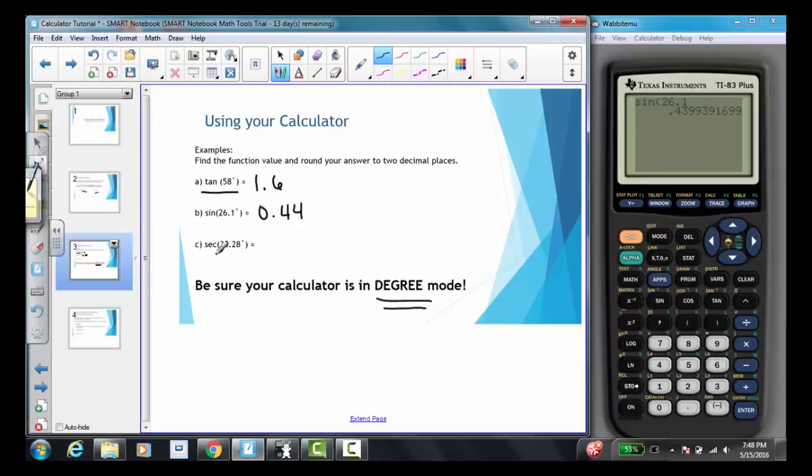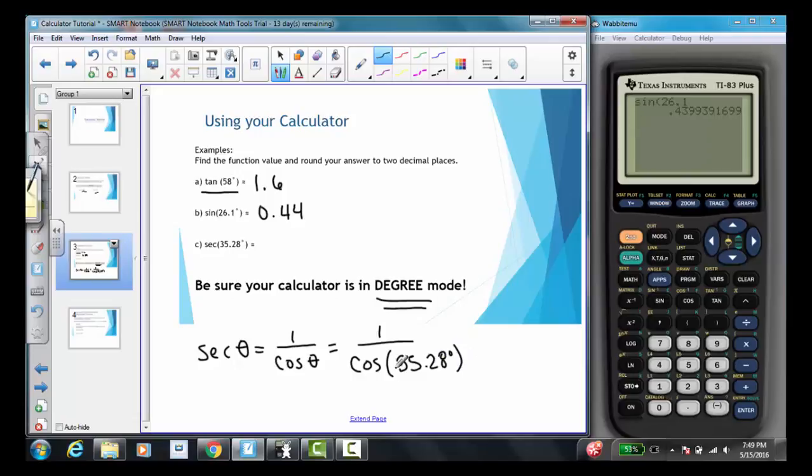And then this one's a little tricky. So here we have secant of 35.28. Well, I don't really have a secant. I have a sine, I have a cosine, and I have a tangent. However, we know that secant theta equals 1 over cosine theta. So if I have secant of this angle, that's going to be equal to 1 over cosine of that same angle, so 35.28 degrees.